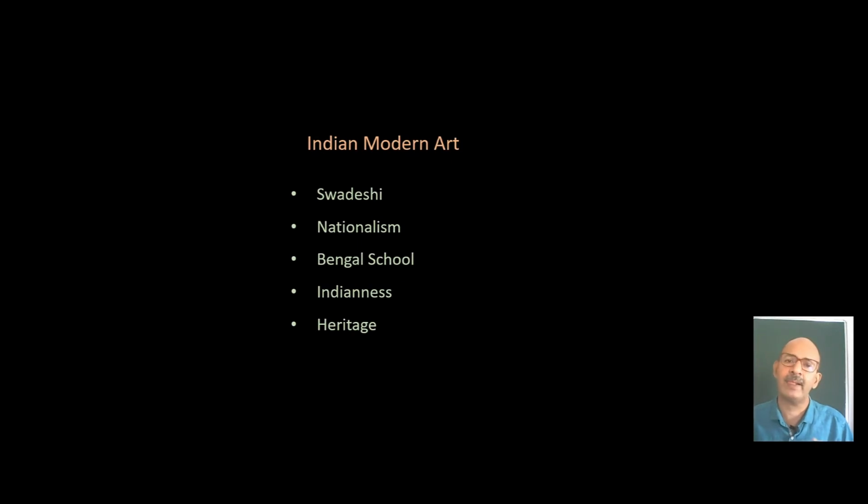Then of course, a very important extension or fallout of nationalism and nationalist art was the Bengal School, of which we can always say Abanindranath Tagore was the pioneer. And then we have this idea called Indianness, which we have already seen happening in the case of Raja Ravi Varma, Amrita Sher-Gil, and Jamini Roy.